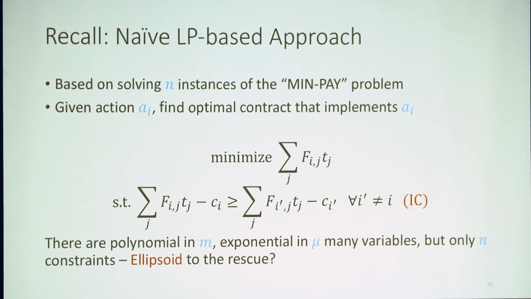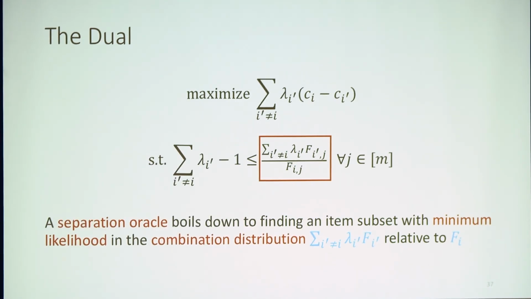One natural reflex here would be, can we somehow use the ellipsoid method by going to the dual? The dual is the following. I don't want to explain in too much detail how this is derived, but again, we will have these lambda i prime variables for the constraints, and a bit of massaging of this dual gives you this form. The interesting thing is that the constraints you would need to solve for the separation oracle have this ratio in here, which is basically a weighted sum of the probabilities of the actions other than i and the action i itself.